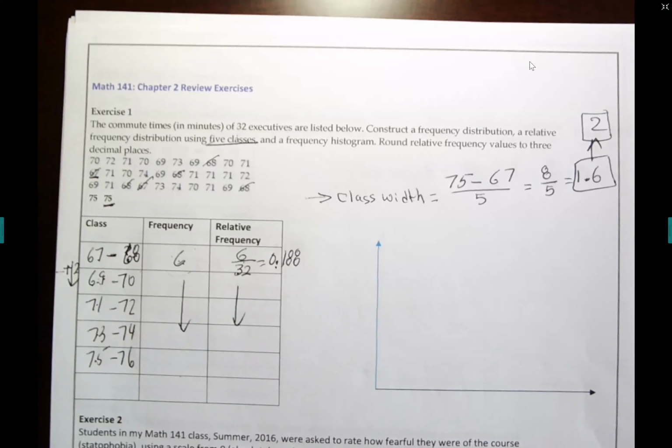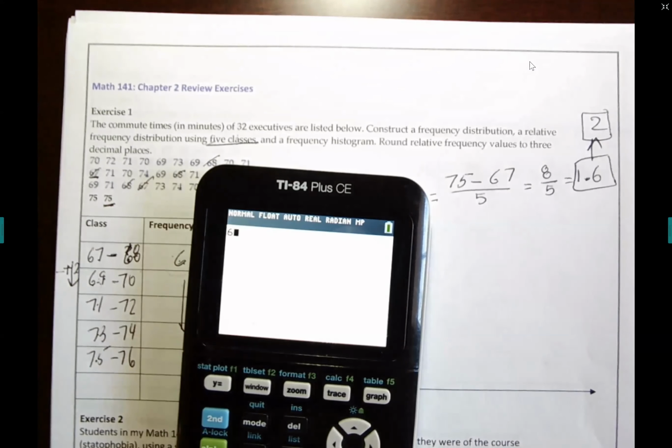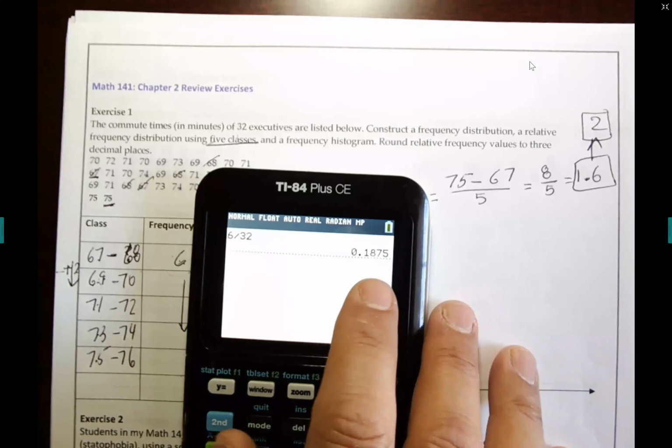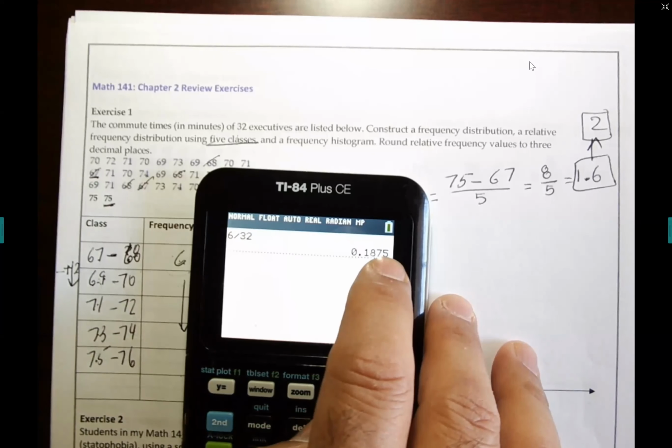Oh, no, it should be 0.188, I believe. If I use your calculator, watch. Let's do it. 6 divided by 32. Probably I'm wrong. Let me see. I got 0.1875. If you round it to 3 decimal places, the 7 goes up to 8.